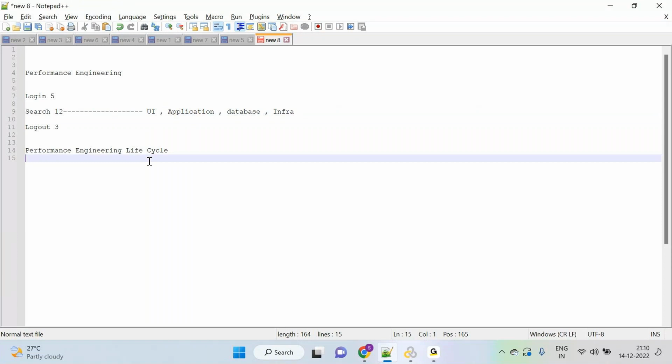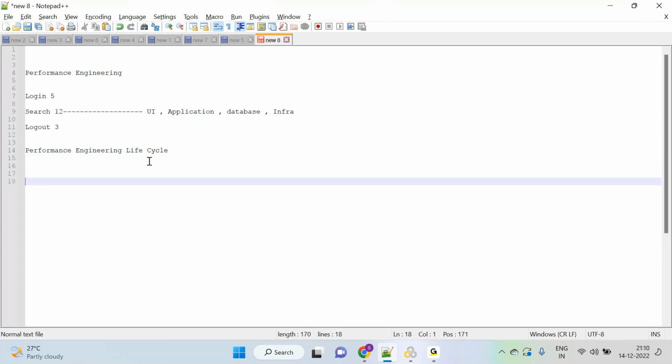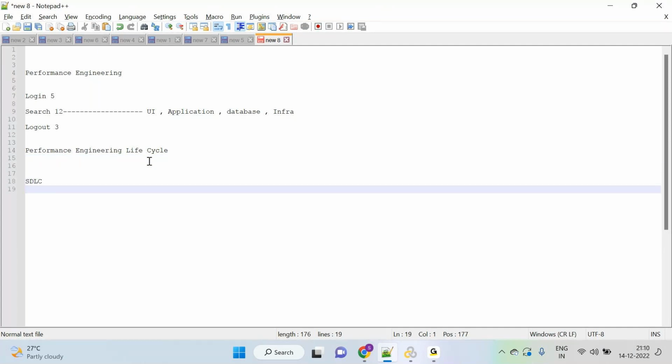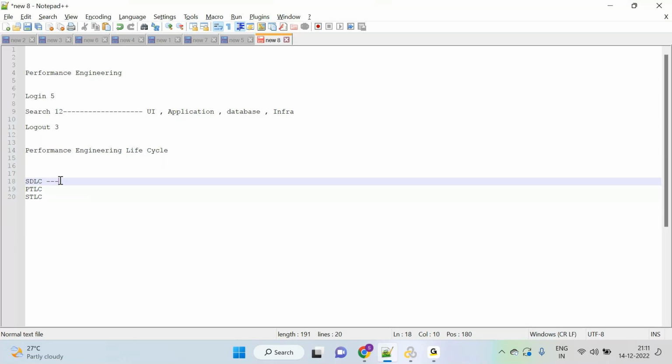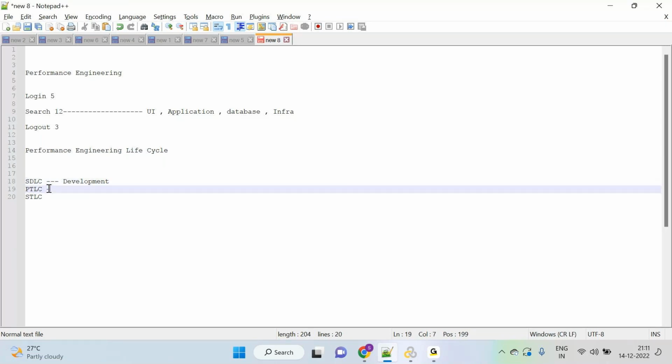Any activity that you are doing, there is a life cycle. Okay. SDLC, PTLC, STLC, like that. This is actually the development life cycle. And this is actually the performance testing life cycle.